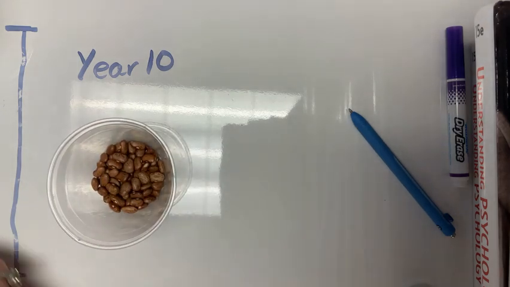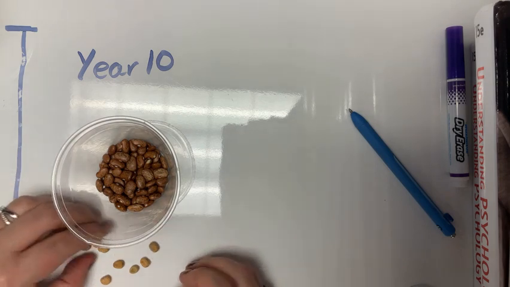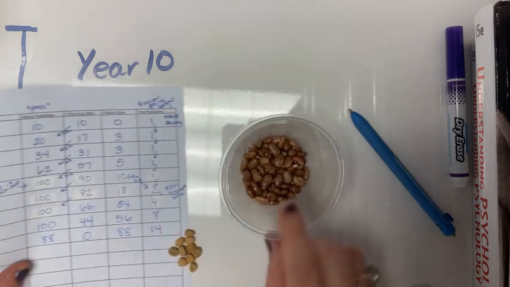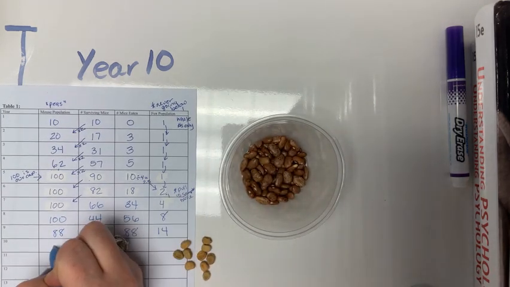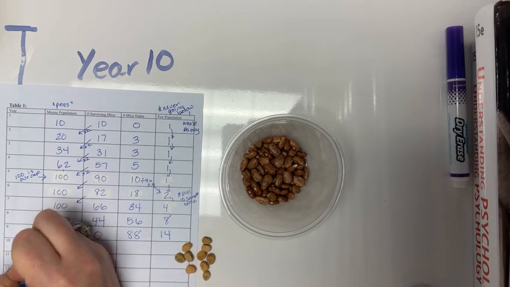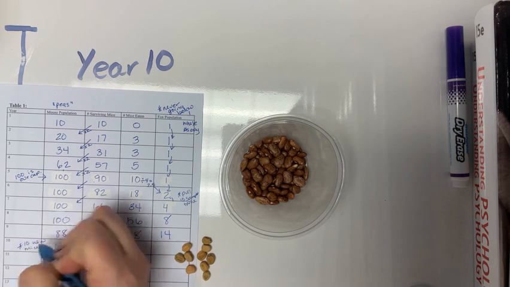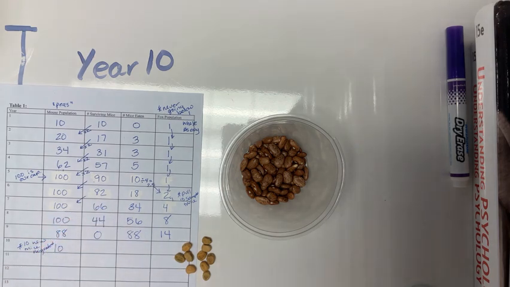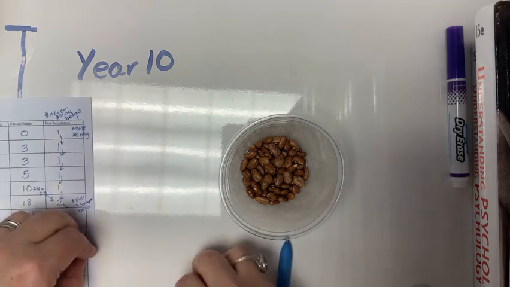Always starting here. Got my 1, 2, 1, 2, 3, 4, 5, 1, 2, 3, 4, 5. Okay, so remember, if we have 0, 10 new mice migrated. Okay, now for my foxes, let's add those in there.